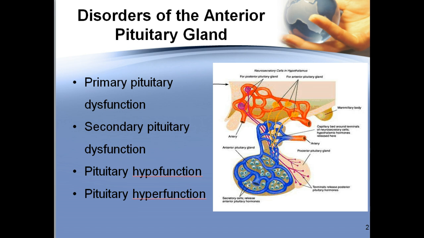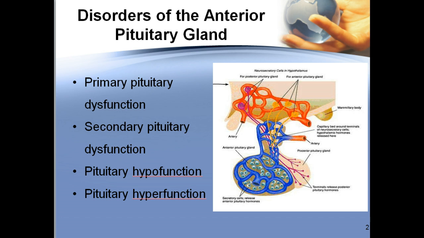So either case, like I was telling you earlier, a person could have a tumor or have some problem like that. Either way it goes, either one could result in a person having pituitary hypofunction or pituitary hyperfunction.